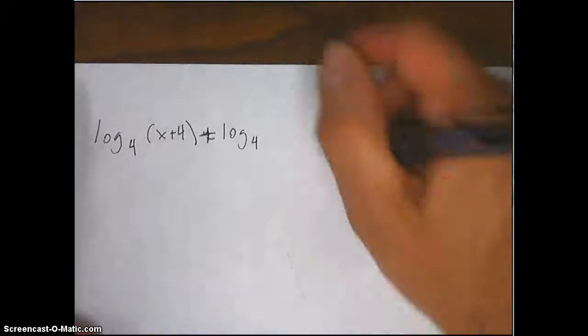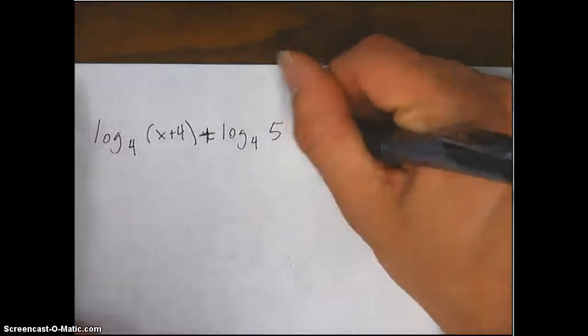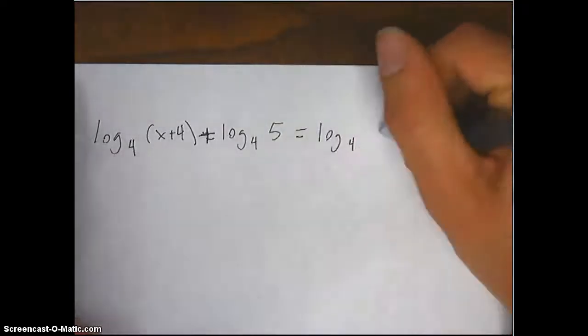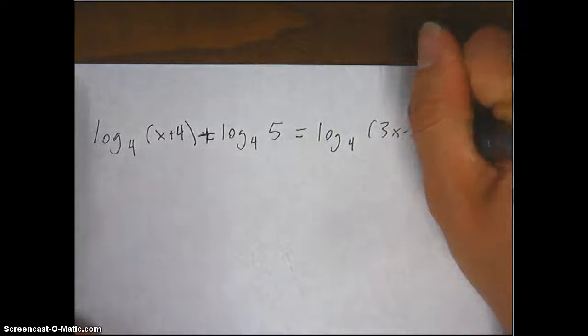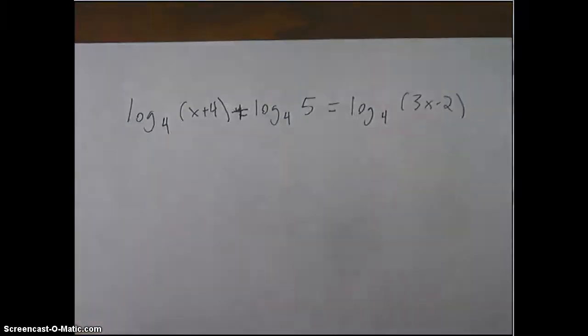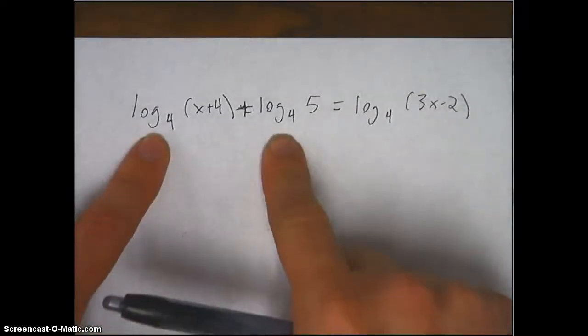I want to show you two more. Log base 4 of x plus 4 plus log base 4 of 5 equals log base 4 of 3x minus 2. So to solve this one for x, first we're going to want to combine these.